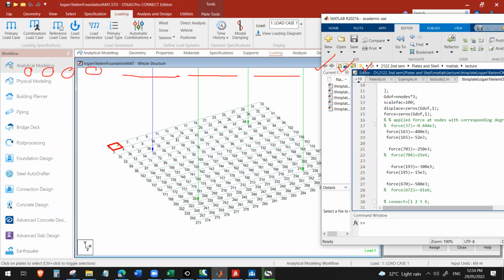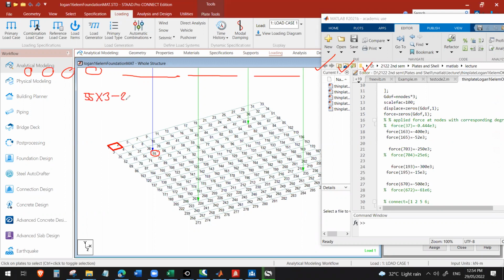So let's say the 400 is here, node 55. Okay, so ano yung DOF niyan? So that will be 55 times 3. But we will subtract 2 to get the DOF. Minus 2, 163.